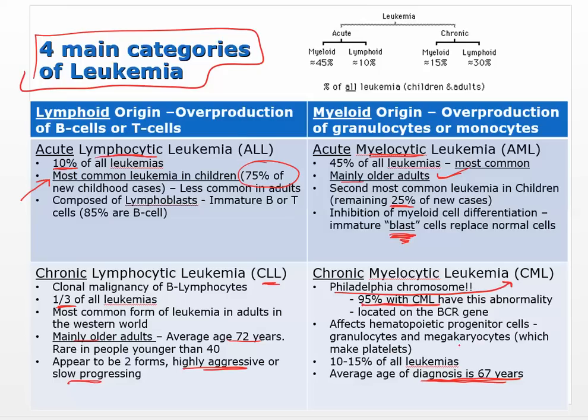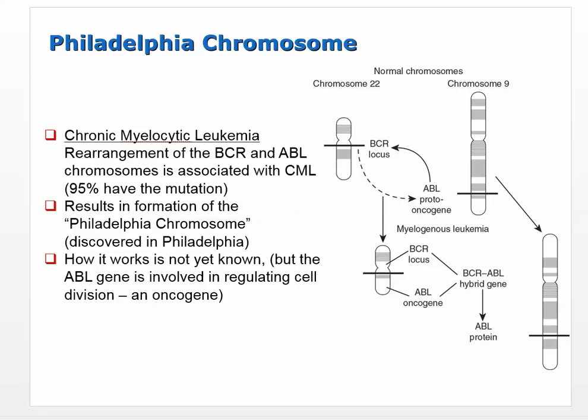Granulocytes and megakaryocytes, which make platelets, that's what's affected in CML primarily. Again, 10 to 15%, and average age of diagnosis again is up there. It's 67 years. So let's look again at the Philadelphia chromosome. And you don't have to know all of these details.